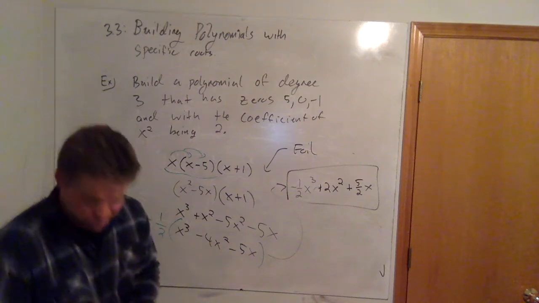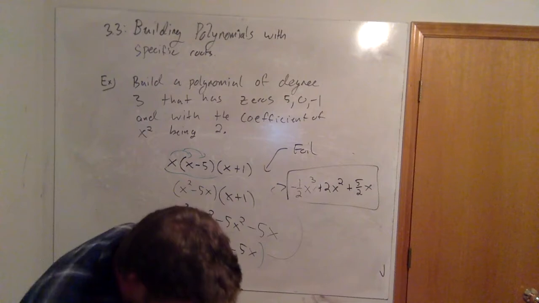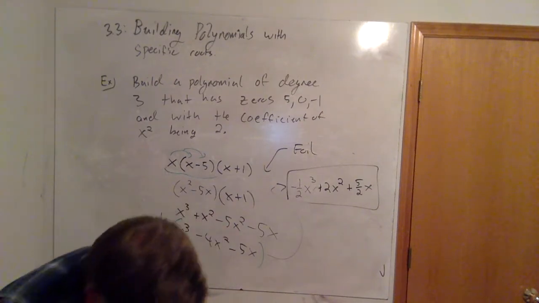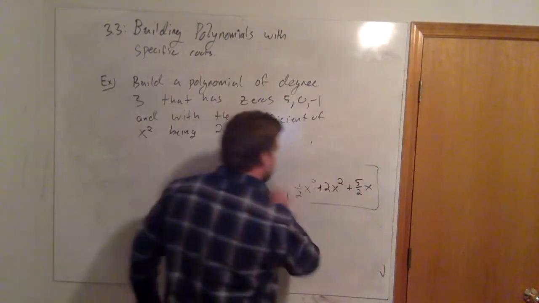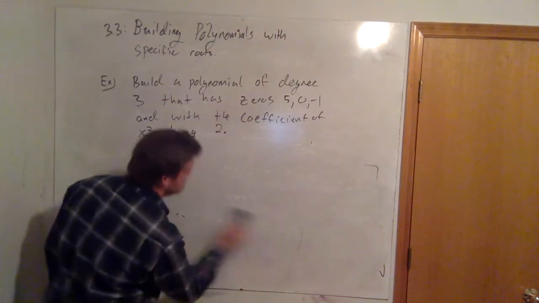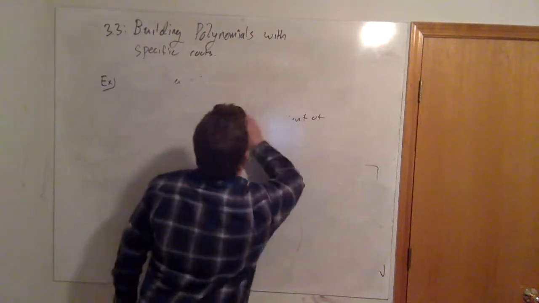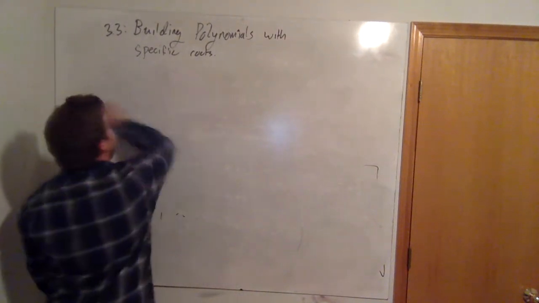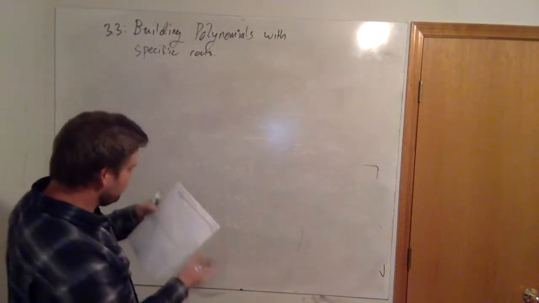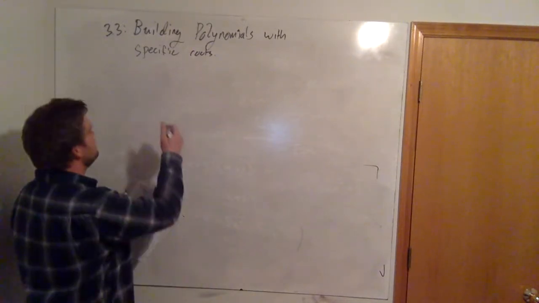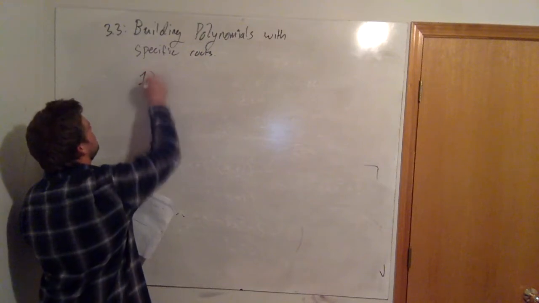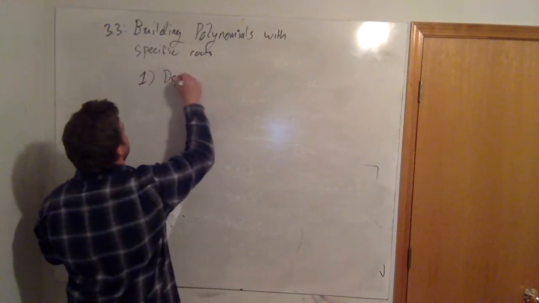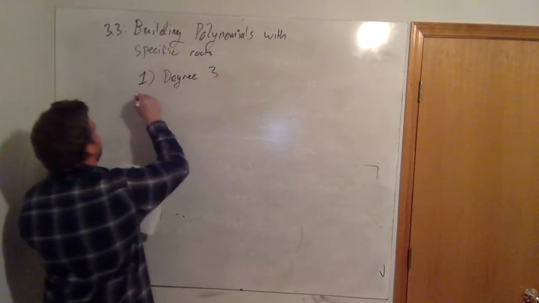Okay, let's do one more. Same idea. Let's build a polynomial. We'll just write down some of the conditions. What are the conditions I want for this polynomial? First condition, let's say it's a degree 3 polynomial.